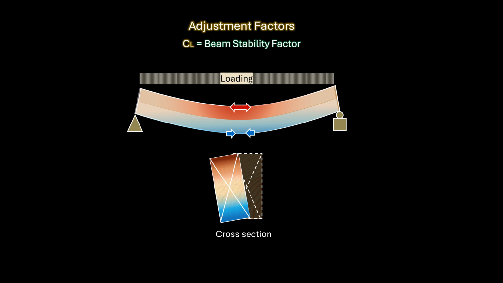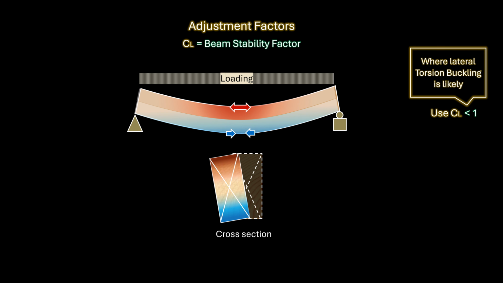This sideways buckling occurs at a stress that is less than the design value provided in the NDS supplement. Therefore, to ensure that this is accounted for, the NDS requires designers to use a beam stability factor that is less than 1 where lateral torsional buckling is likely.